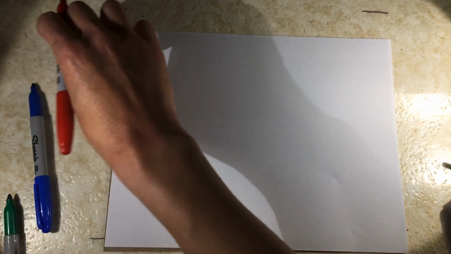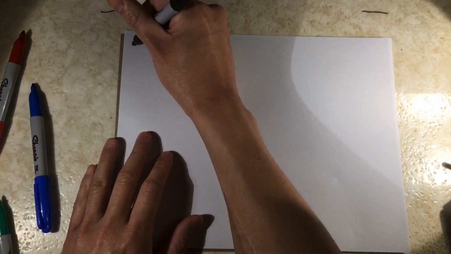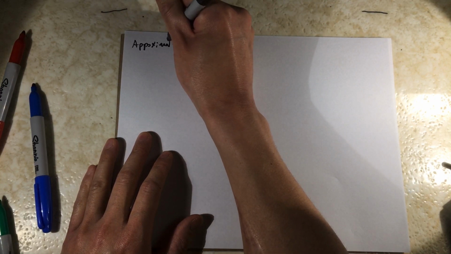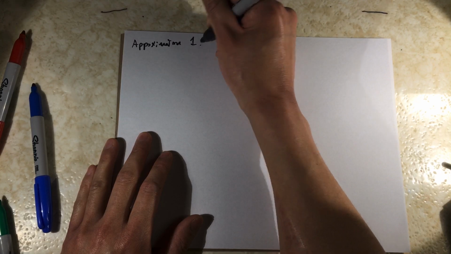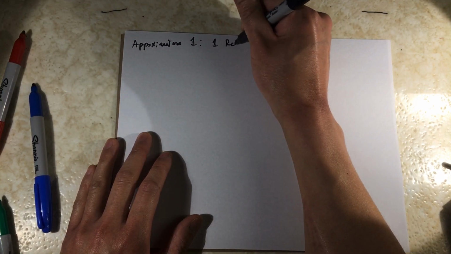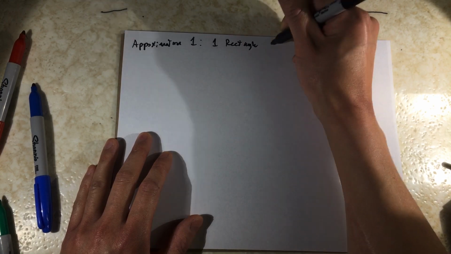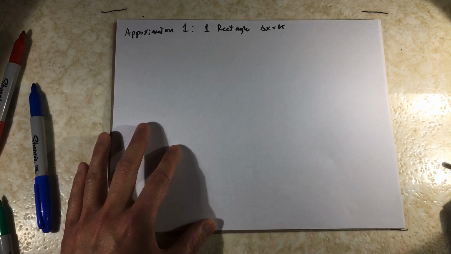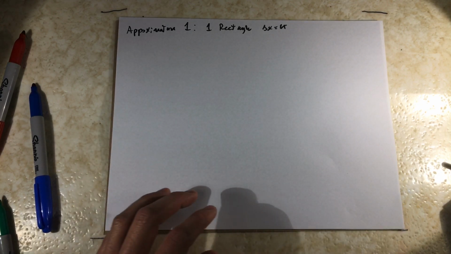All right, so let's do approximation 1. For approximation 1, we're going to use one rectangle with delta x equal to 4. So the width is the full width of the area that we're looking for.